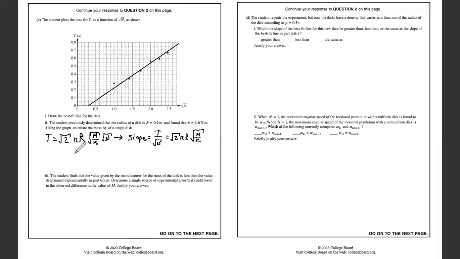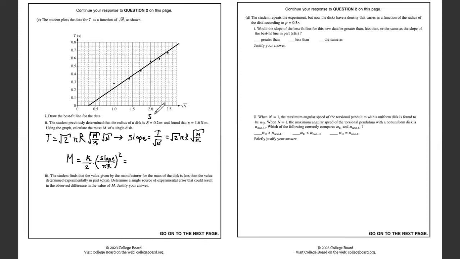Therefore, if I solve for the mass, I should get that the mass is going to equal kappa over 2 times slope over pi r, all squared.